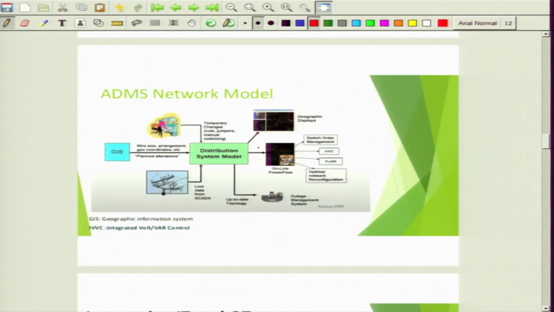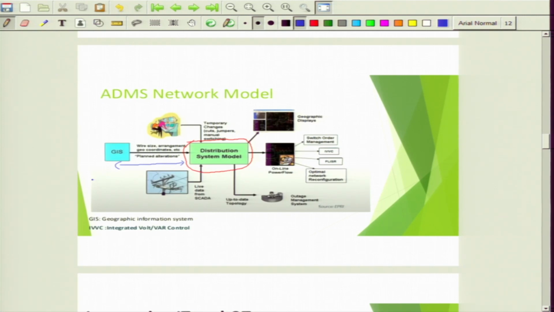So, the ADMS network model. You can see here, this is a distribution system model, right, and then there is a GIS, geographic information system: wire size, arrangement, geo coordinates, etc. Because this is very important, as the network topology may keep changing.